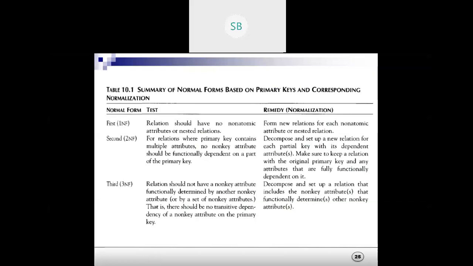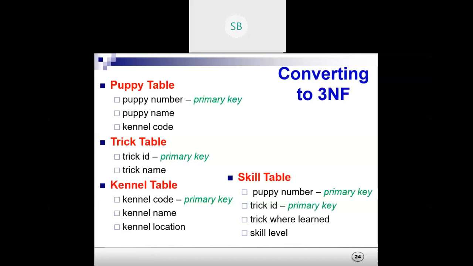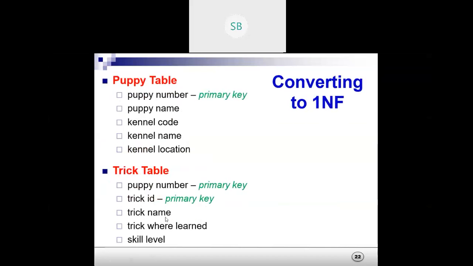And for relations where the primary key contains multiple attributes, no non-key attribute should be functionally dependent on a part of the primary key. It should be fully dependent on the primary key. Just now I gave the example of this trick table. Both are primary keys here.